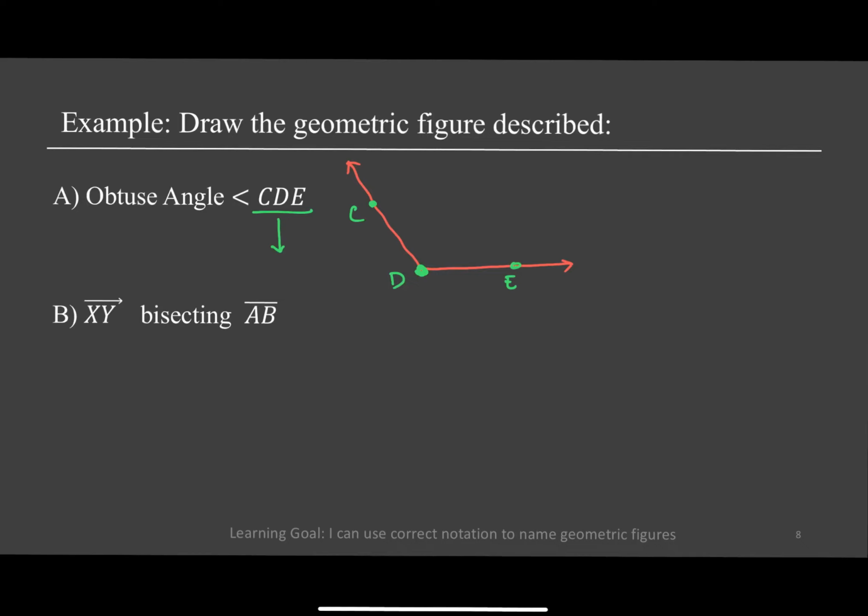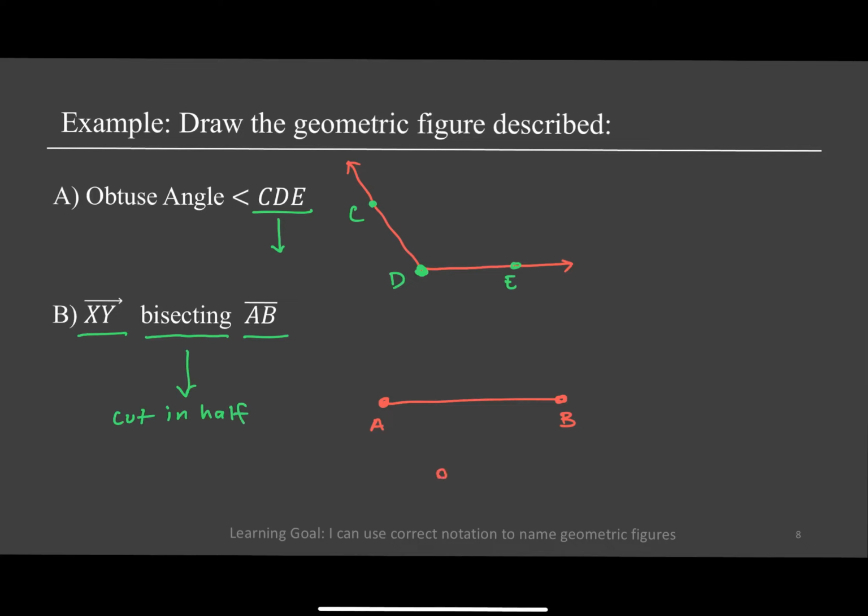And so if we take a look at part B, this is saying ray XY is going to be bisecting segment AB. So maybe I want to start by just drawing segment AB. And since we're talking about segment AB, A and B are both of its endpoints. Now, if you recall from our vocabulary last section, we said bisecting means essentially to cut in half.